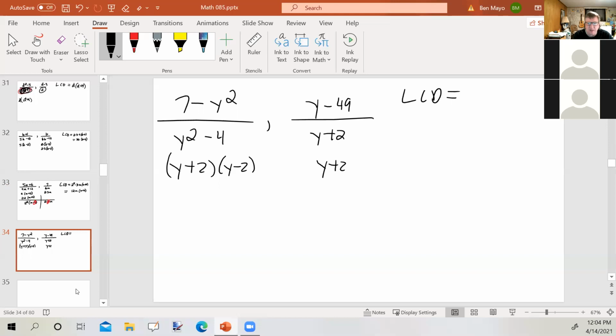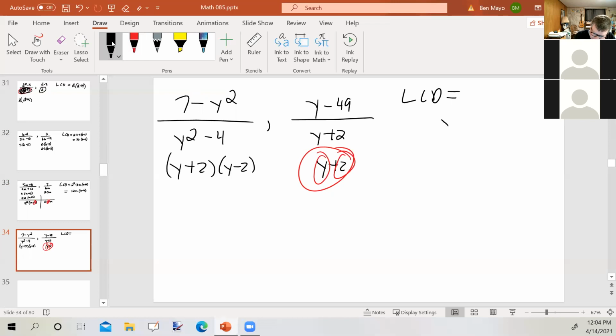So what's the LCD? Is that a factor, that y? No. Is that 2 a factor? No. Is the y plus 2 a factor? Yes.